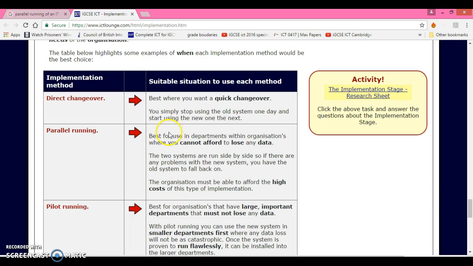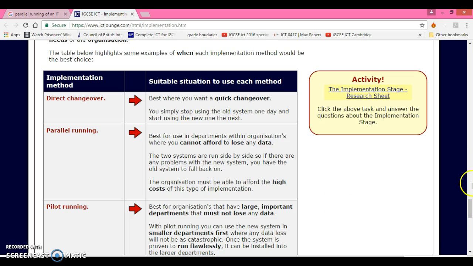Direct changeover is best where you want a quick changeover. You simply use the old system one day and then start using the new one the next. That's the situation where it would be suitable. If you cannot afford to lose any data, then the parallel running is simply for you.